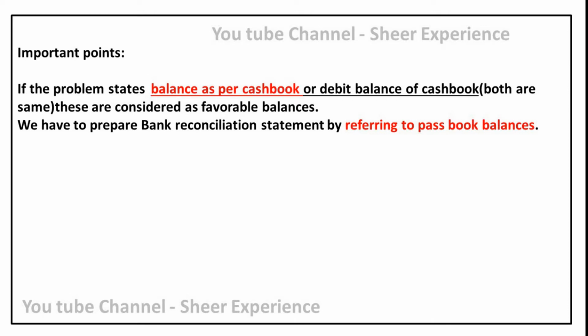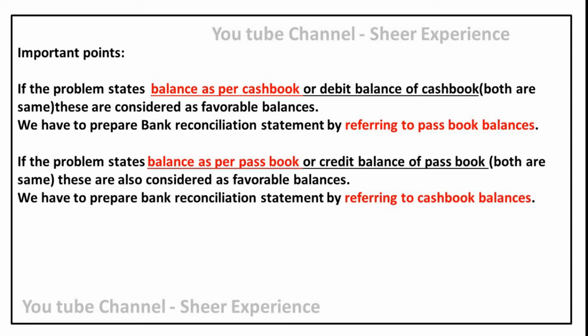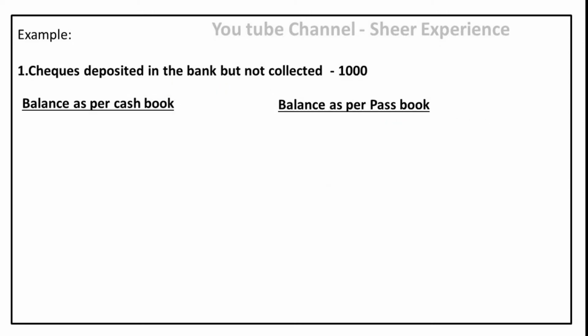In the question it states balance as per cash book, so we have to refer passbook balances. If the problem states balance as per passbook or credit balance of passbook, both are same, we have to consider this as favorable balances. In this scenario, we have to prepare bank reconciling statement by referring to cash book balances. Now we see the example.